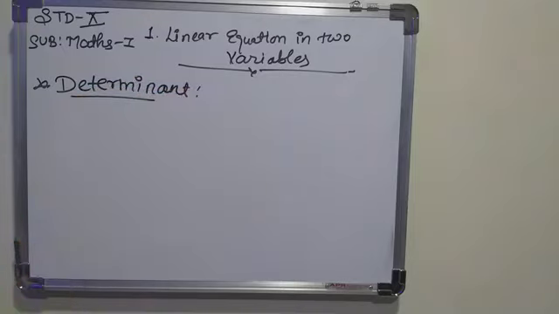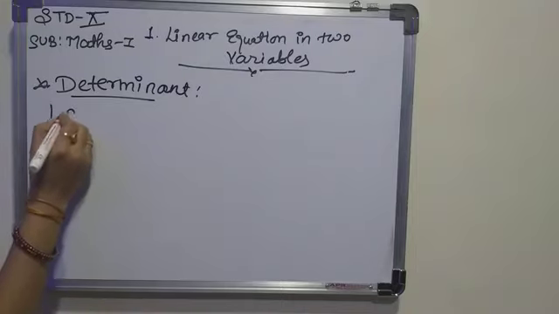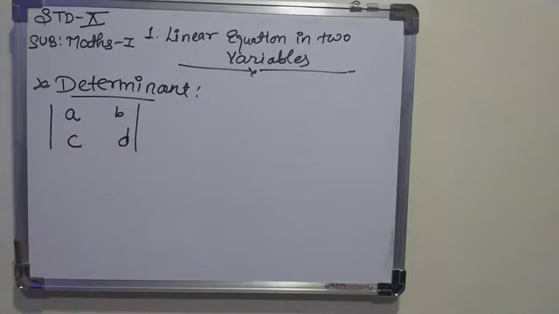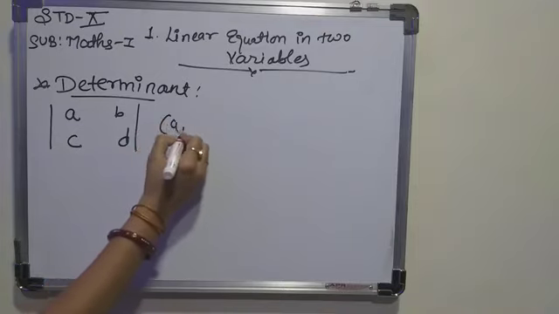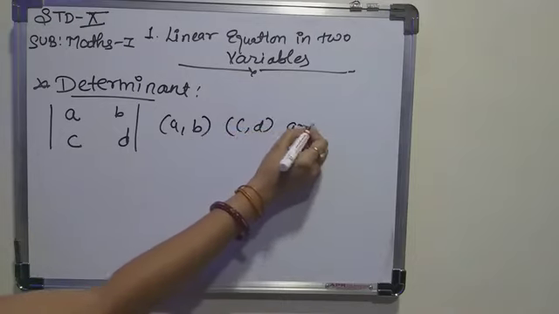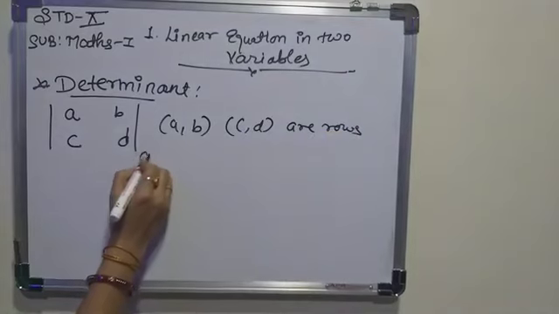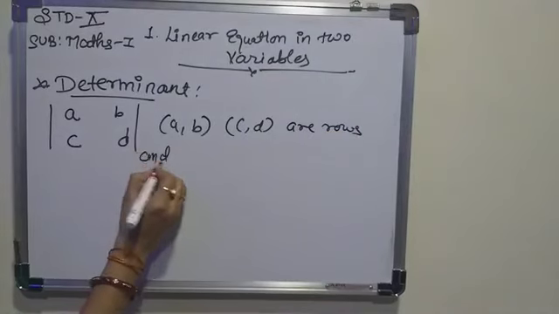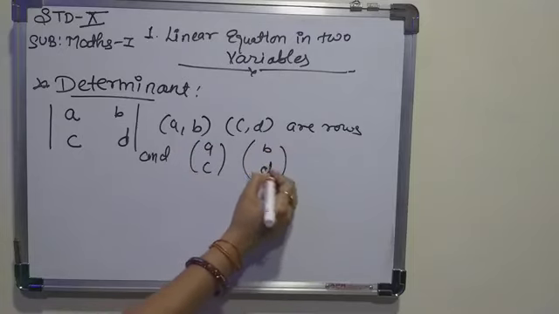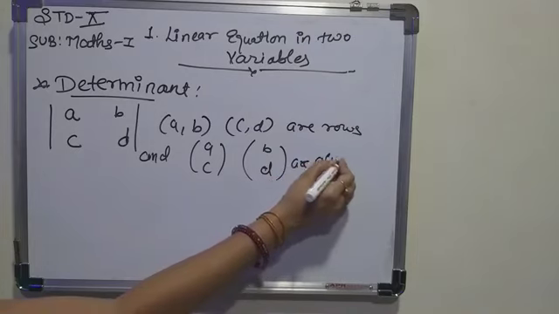Now, what is a determinant? A determinant looks like this: A, B, C, and D. You write four letters in this square bracket. This is called a determinant, where A, B and C, D are your rows, and A, C and B, D are your columns.